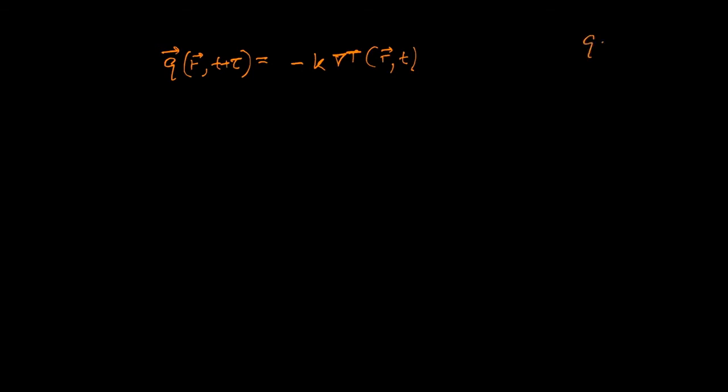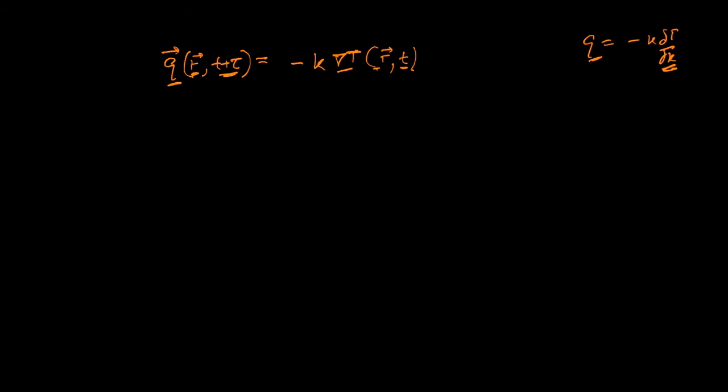In Fourier's law, we just assume q equal to minus k dT by dx, which means they both are at the same time: where the gradient is, the flux is also defined at the same time. Now, instead of defining both at the same time, we are saying the gradient is at position r and time t, and the flux would be defined at position r, but at some time delay, t plus tau.